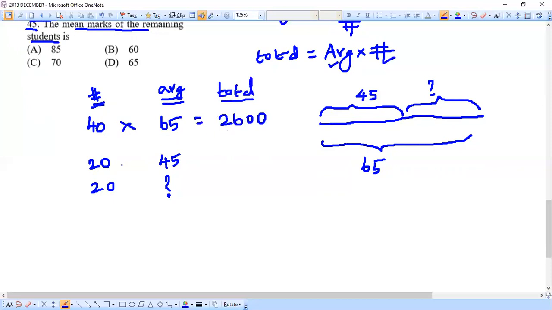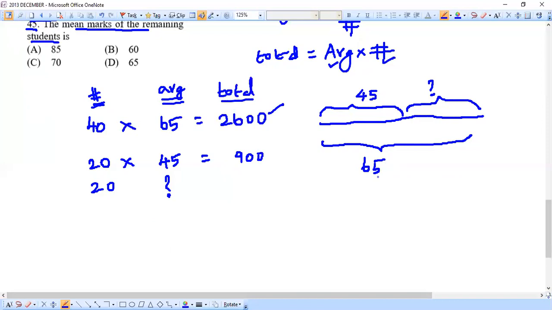And for a part of the class, I mean the first 20 students, the average is 45. Then what would be the total for these first 20 students? We have to do 20 into 45, which we can very easily do. It would be 900. So for all the 40 students, the overall total is 2600.